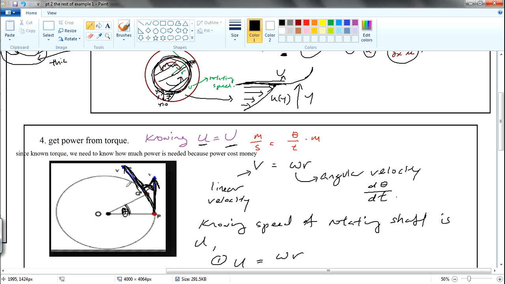When you talk about linear velocity analysis, you assume that the particle here may be moving in this direction, and when it is here it is moving in this direction. So you're taking into consideration all the motion.